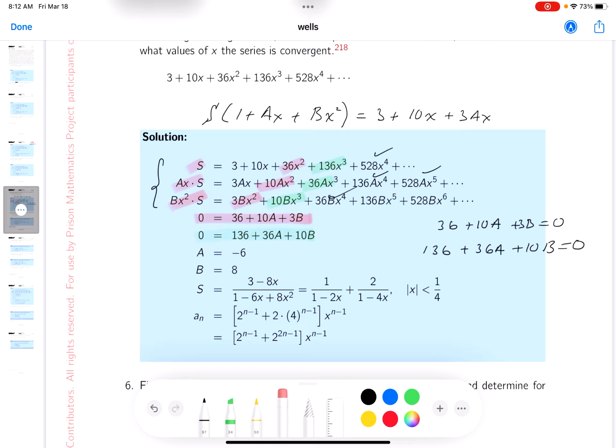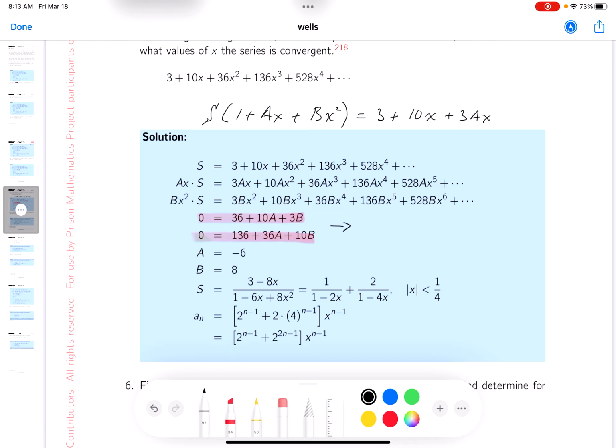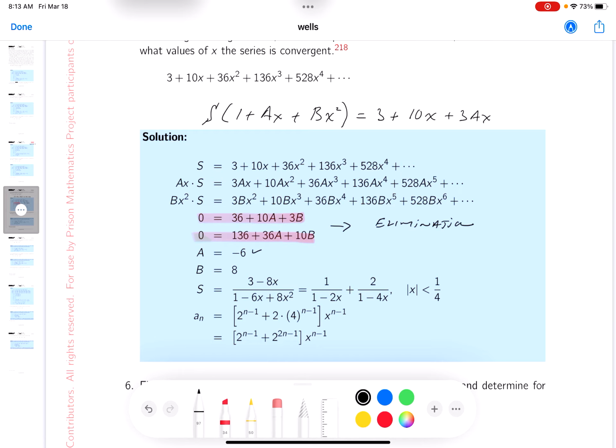Then you use elimination. Let me get my eraser out. You're going to use elimination on these, as we've been doing in the prior problems. Relatively simple. You're going to find that a is minus 6, but you're using elimination here. If you do that, you're going to get this. The next thing you're going to do is partial fractions, all right?